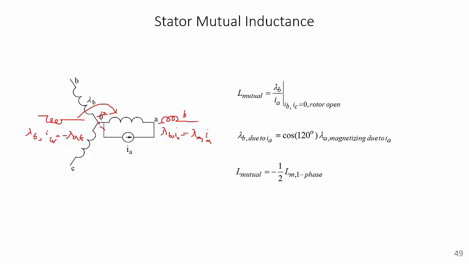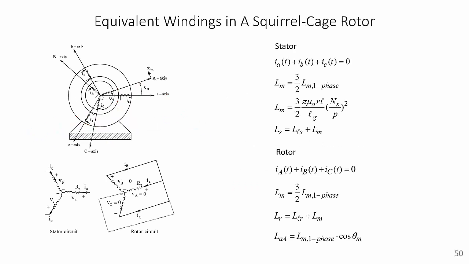This is because only the cosine component of the A phase winding links into the B phase winding, and the sine component is 90 degrees and does not link the B phase winding. Thus, the mutual inductance between the A and the B phase winding is negative half of the per phase magnetizing inductance. Thus, the net magnetizing inductance of any particular phase winding equals 3/2 times the per phase magnetizing inductance of that winding.